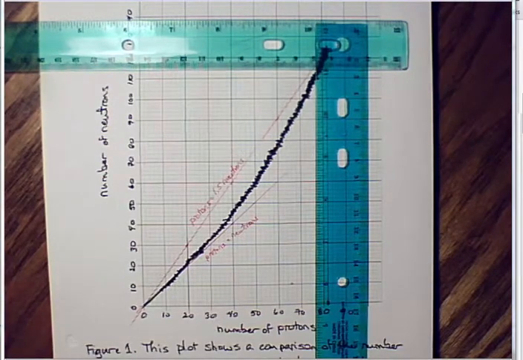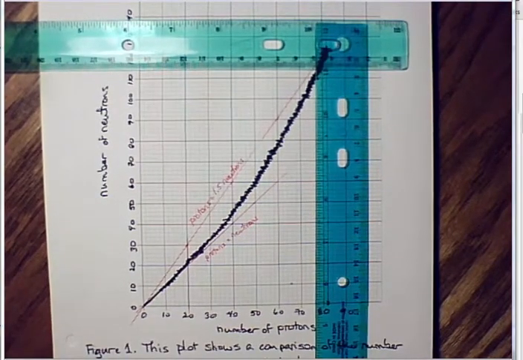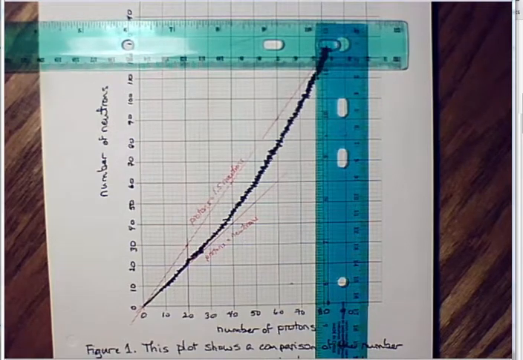All right, let's try zirconium 100. Zirconium 100. Stable or unstable? Why? You got to figure that out.